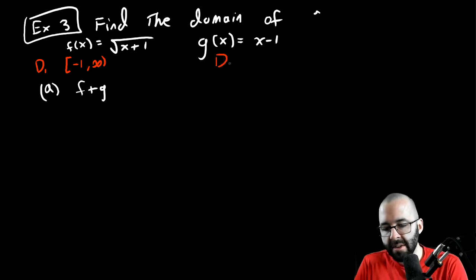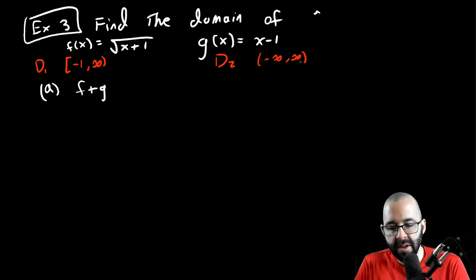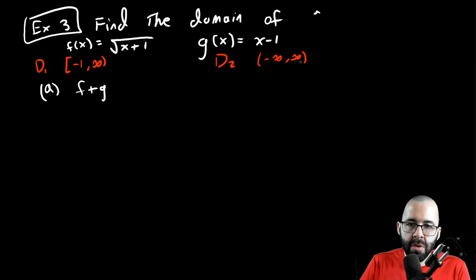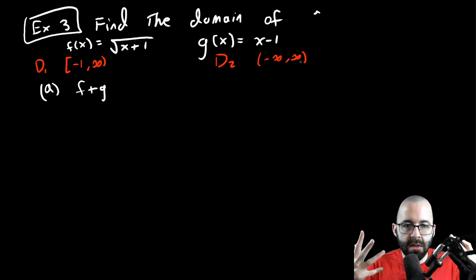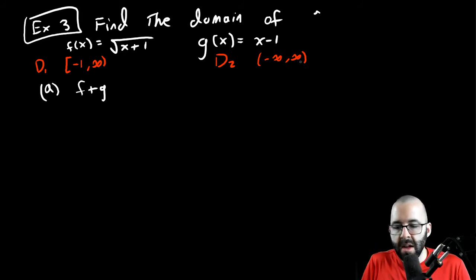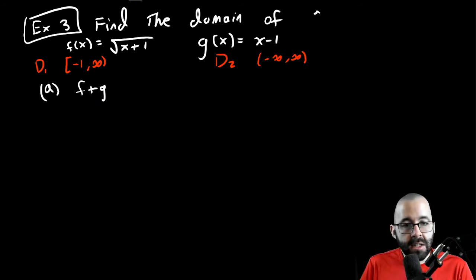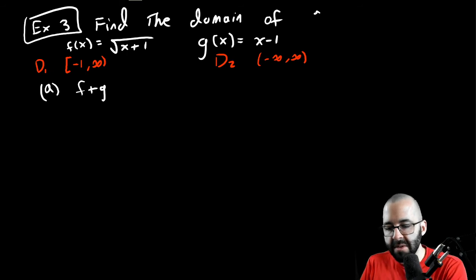The second domain, the domain of g, this is a line. The domain of g is -infinity to positive infinity.